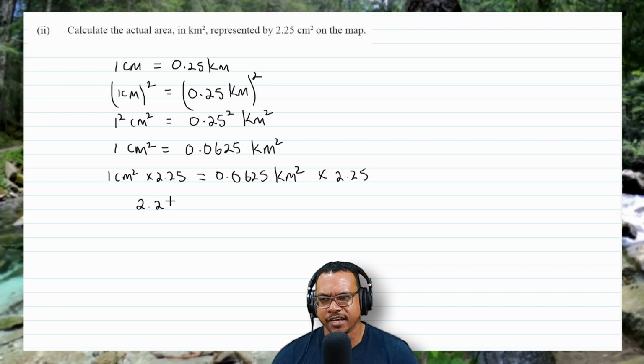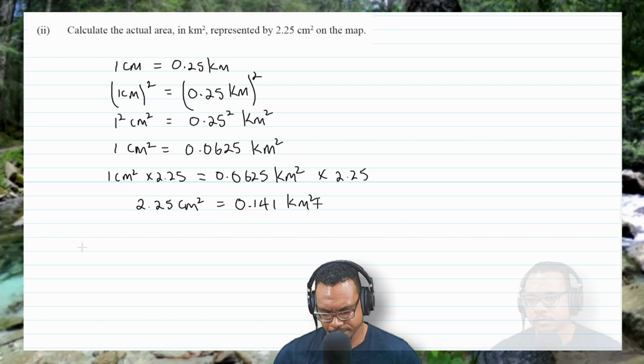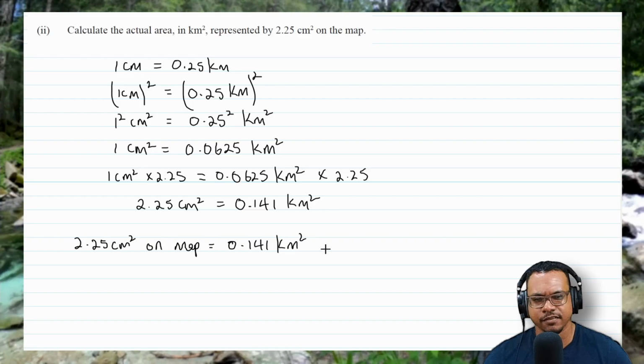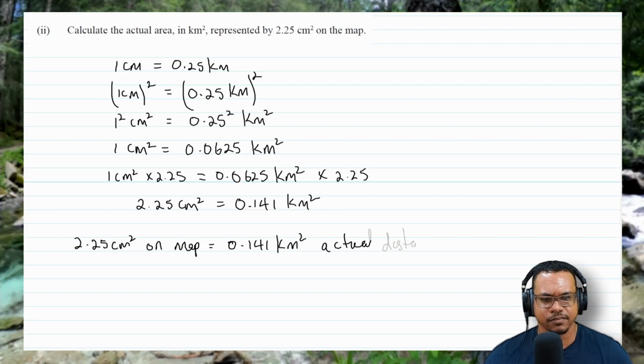So you get back 2.25 centimeters squared. And now you're going to multiply 0.0625 by 2.25. And to 3 significant figures, you can get 0.141 kilometers squared. So I'm going to write that 2.25 centimeters squared on map is equal to 0.141 kilometers squared actual distance.